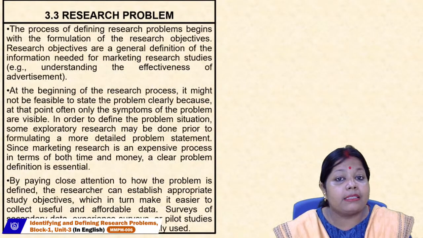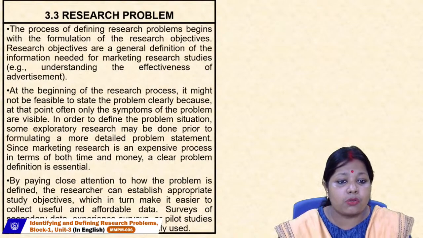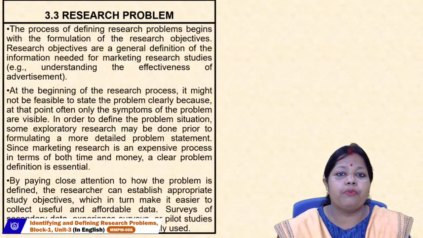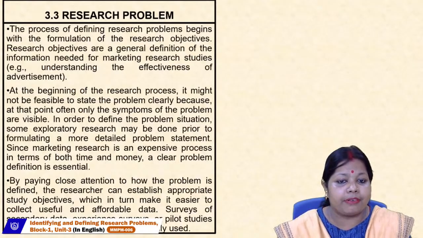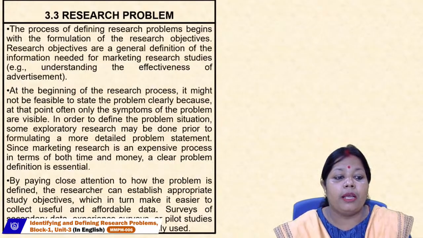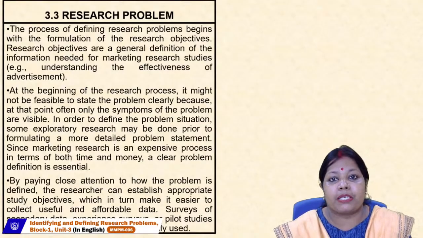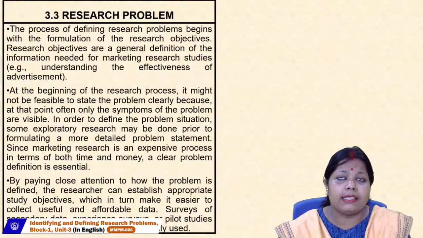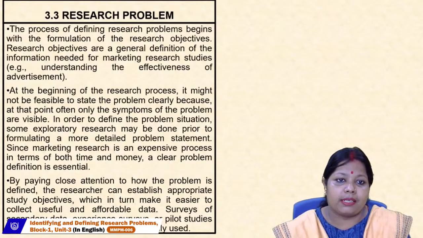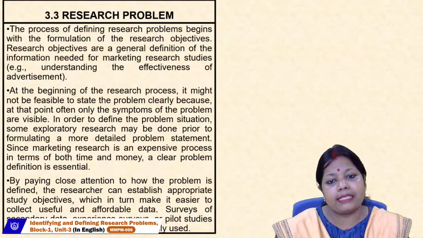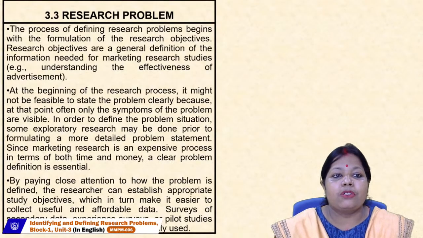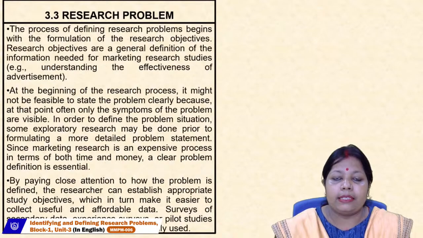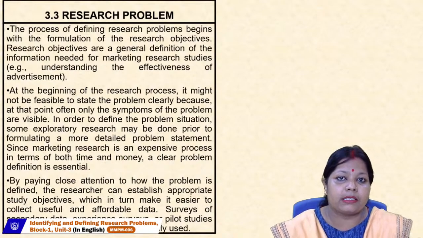All the time we can get some symptoms, so it is not easy to define the research problem from the beginning. So in order to define the research situation, some exploratory research may be done prior to formulating a more detailed problem statement. Once we get some symptoms, the next step, as the research problem is not clear, is that we will go for exploratory research.